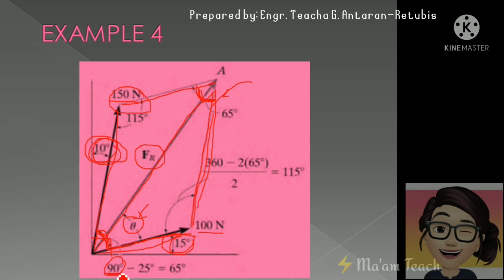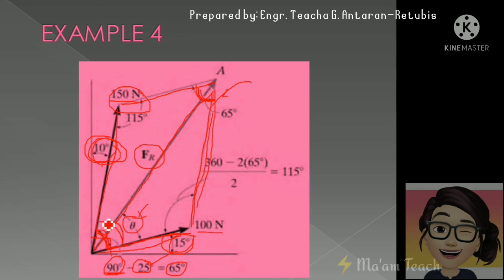That's why we have here a solution which is 90 degrees minus 25. This 25 came from the sum of 15 degrees and the 10 degrees here. That's why we have here 65 degrees. 65 degrees is the angle here, the one that covers here. They are just the same here, that is 65.